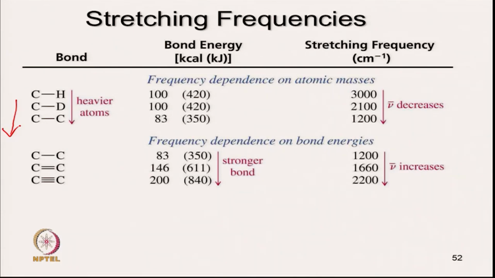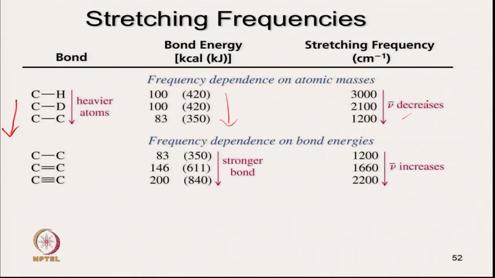Here you see the delta E value in kilocalories, and the second value in parentheses in kilojoules, decreasing with increase in reduced mass, and that is why your wave number is also decreasing. This is in centimeter inverse, going from 3000 to 1200.